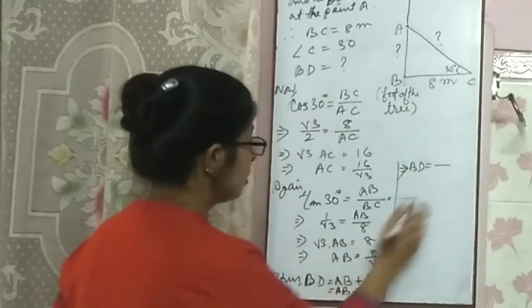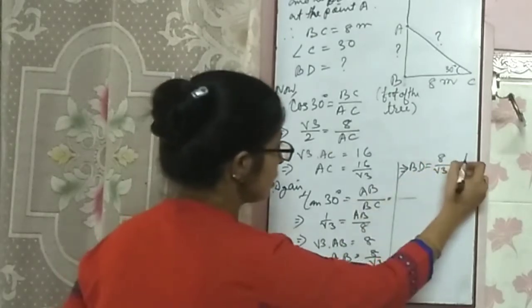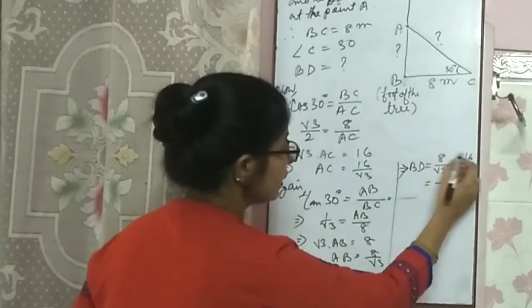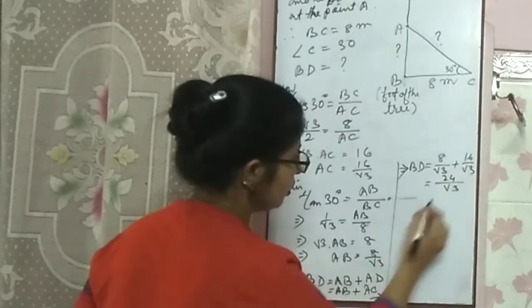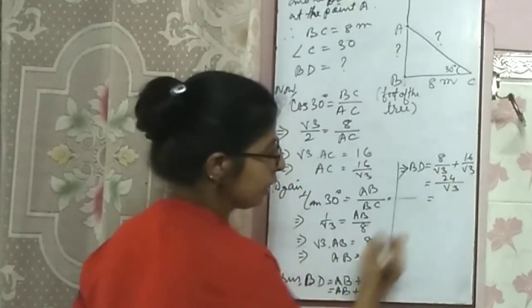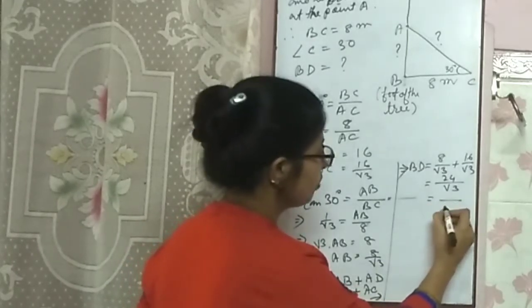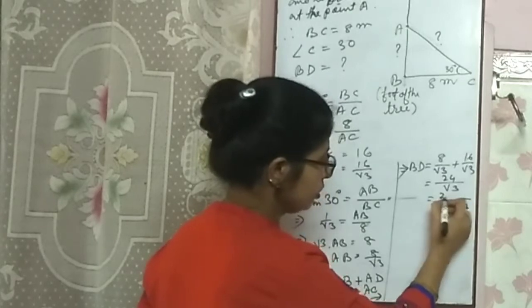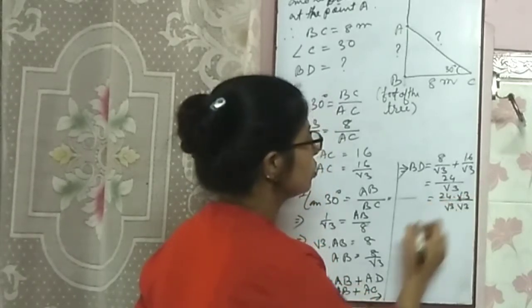AB means 8 by root 3, AC means 16 by root 3, thus 8 and 16 have to be added, 24, and then again to be rationalized, so it would be root 3 into root 3, and here 24 into root 3.